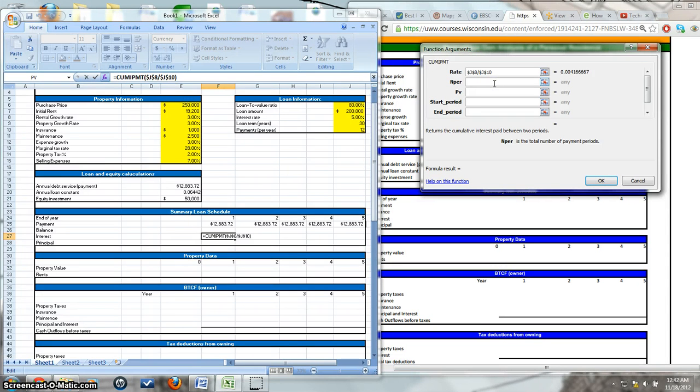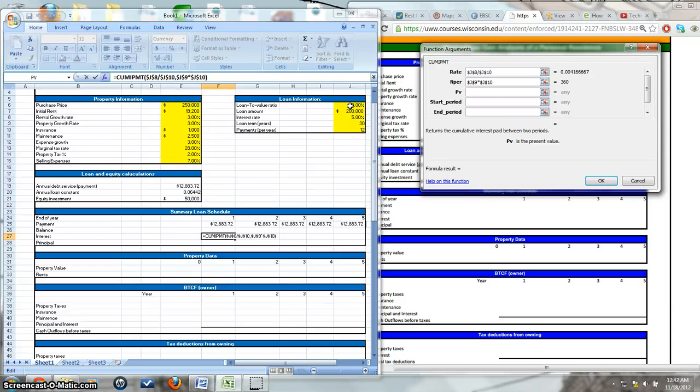It's the number of payment periods. And there is a reason for hard coding all these and having absolute references. It's because I'm actually going to use this formula and drag it.